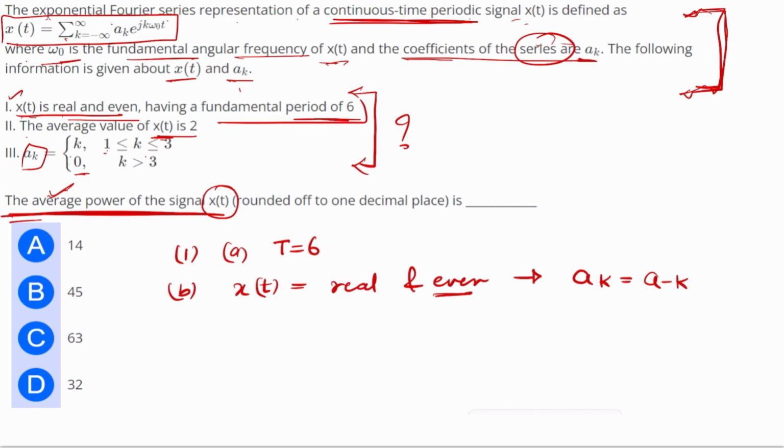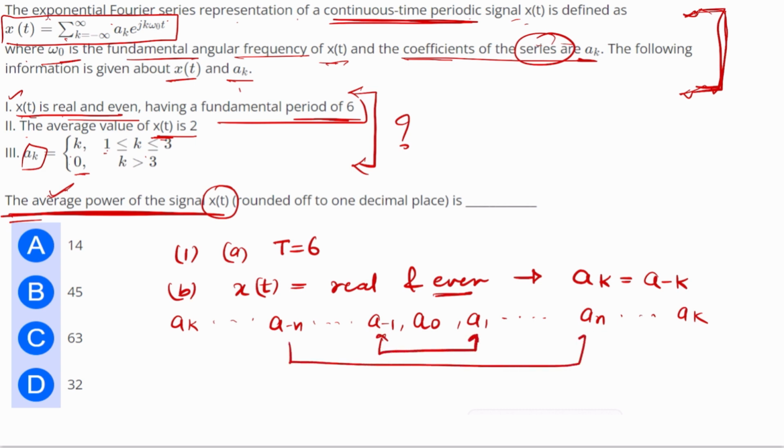So if I expand a Fourier series, a naught is the average value, then a1, a2, and it goes up to ak. Similarly in negative also, a minus n goes up to a minus k. So real and even basically means these two values are same, similarly these two values are same, and so on.